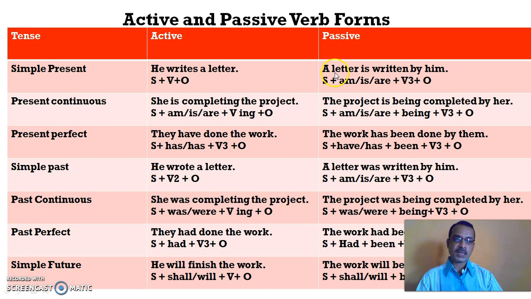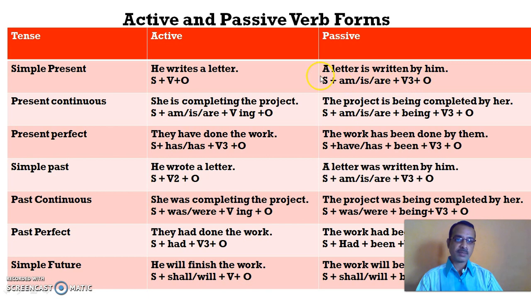Here the subject is singular, a letter, so is is applicable here. After that, we should take the V3 form or past participle of this verb. What is the past participle form of this verb? It is written. So after that, we should take the subject of this sentence as the object of this passive one, and before that we should write by.